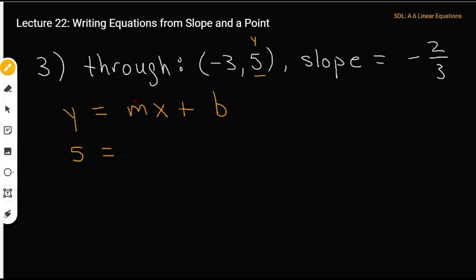And then what's m going to be? -2/3. Yep. So I put -2/3 inside parentheses. And then my x value is going to be what? -3. Yeah, -3. I still don't know what the y-intercept is, so I'm going to leave that as b for now.